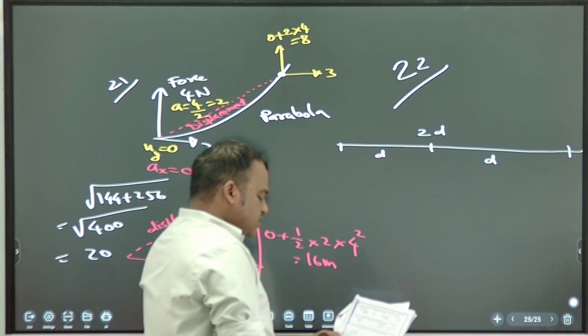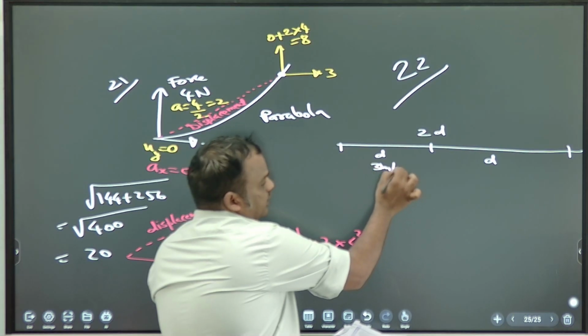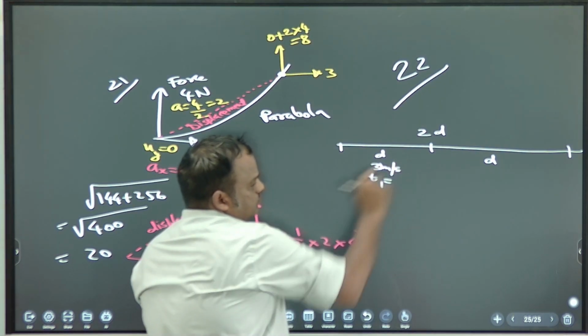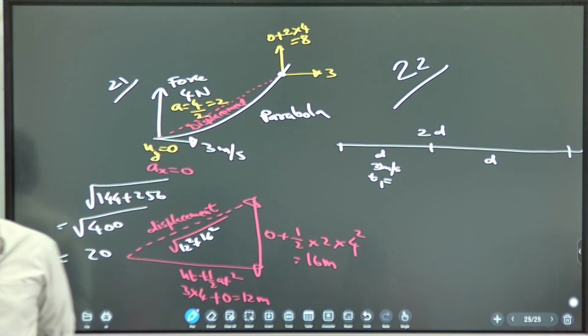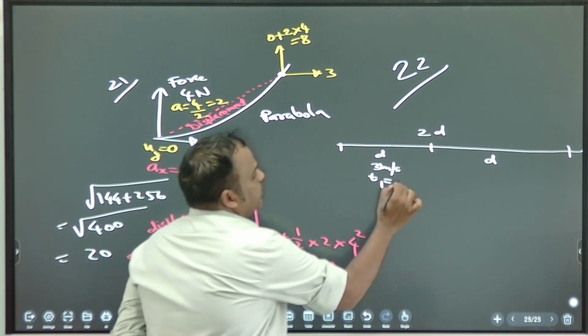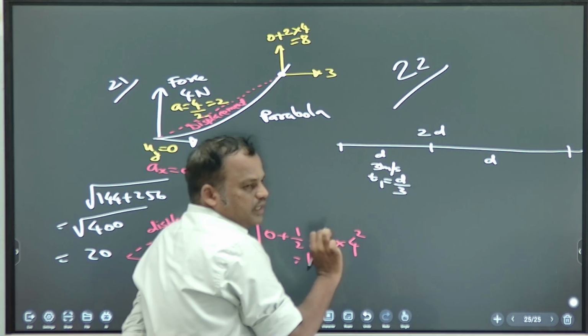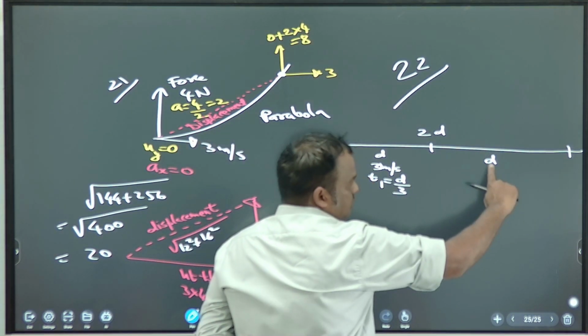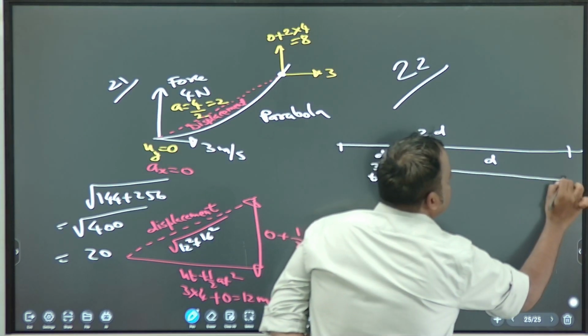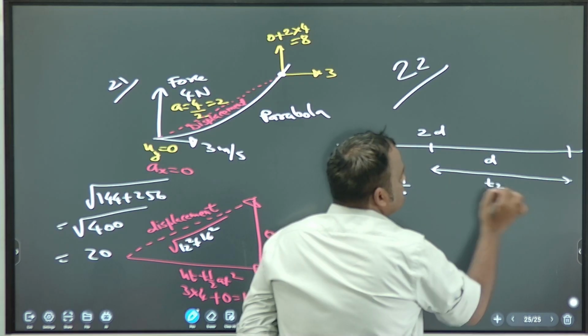Now first half distance, what is the speed? 3. So what is the time taken? Time is equal to distance by speed. So d by 3, are you getting? Okay, what is the remaining distance? D. It is covered in some time, say t2.